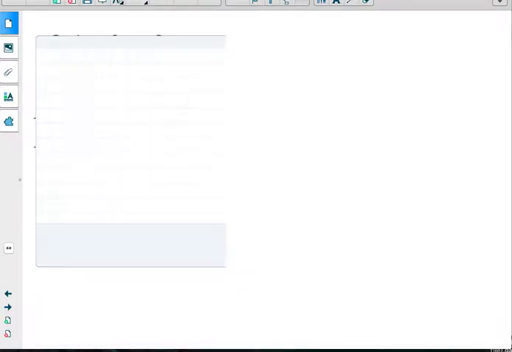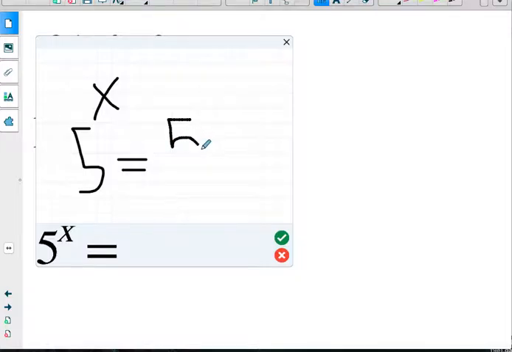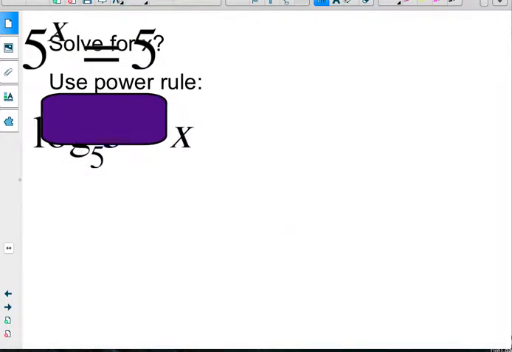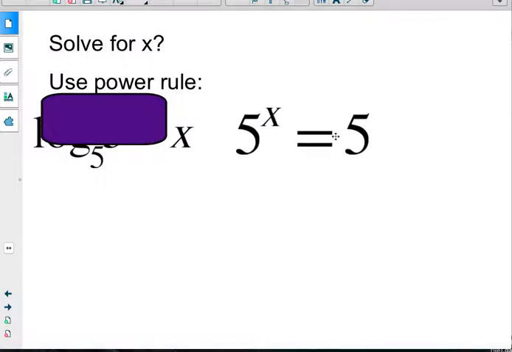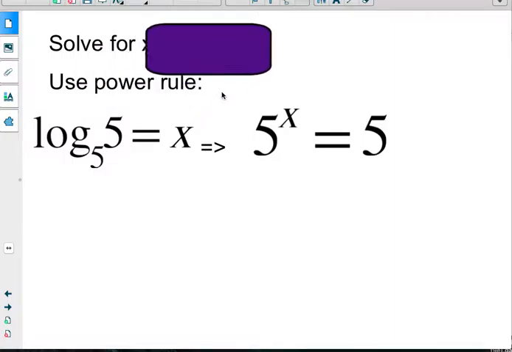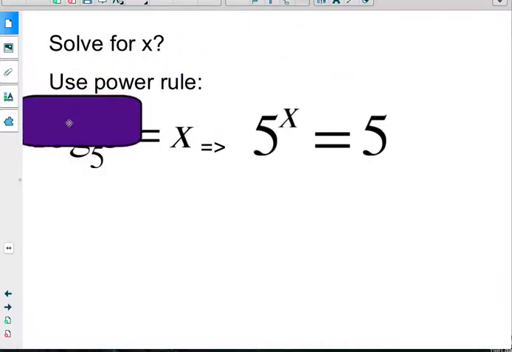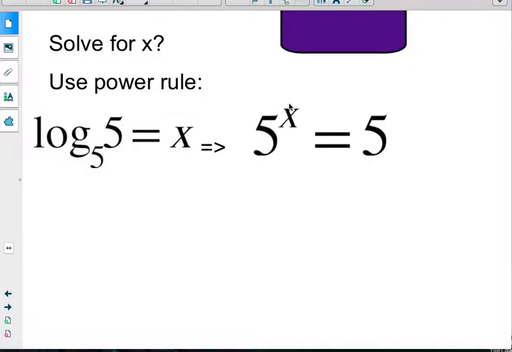Let's write it down: 5 to the power of x is equal to 5.